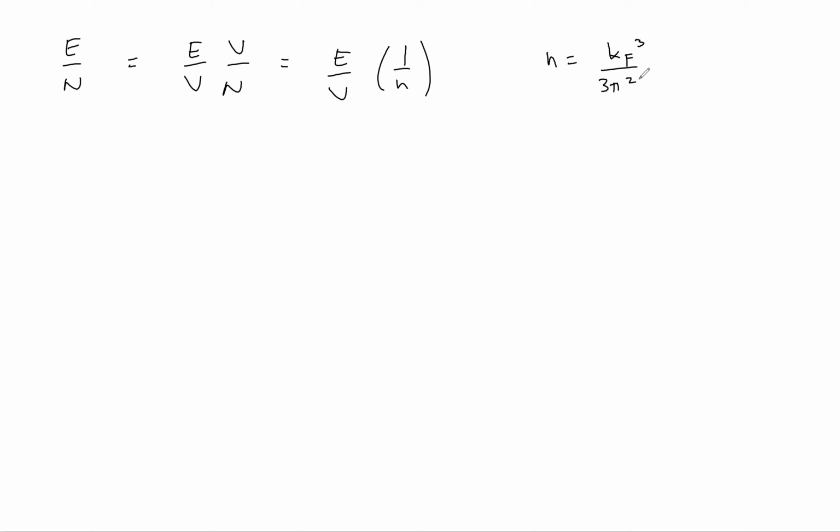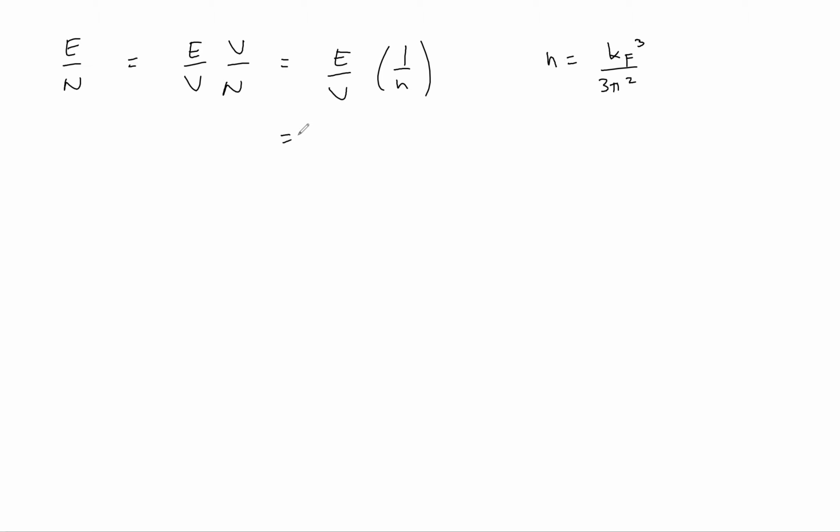Now the energy per particle is equal to the energy per volume, which we just computed, times volume per particle. It's E over V times 1 over the density. Remember that we derived in the last mini lecture that the density is kf cubed divided by 3 pi squared.